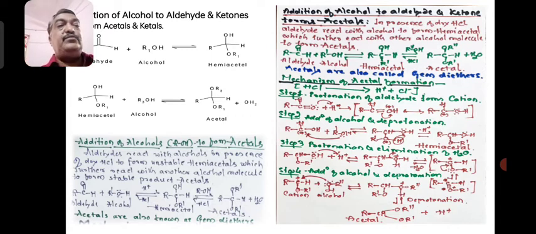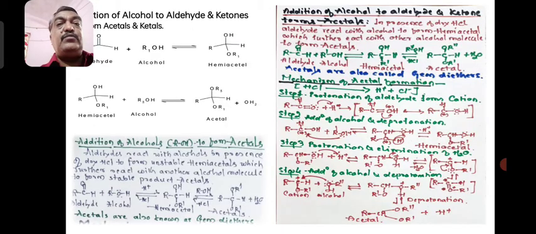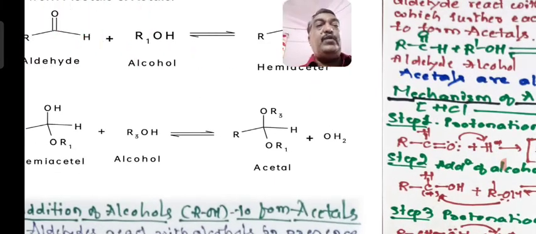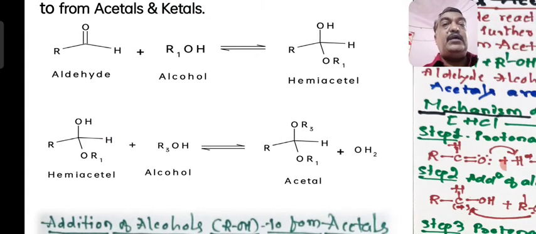With alcohols, that means ROH, you can see here. When the aldehyde is treated with ROH or R1OH, it is going to form RCH(OH)OR1, that is a hemiacetal.